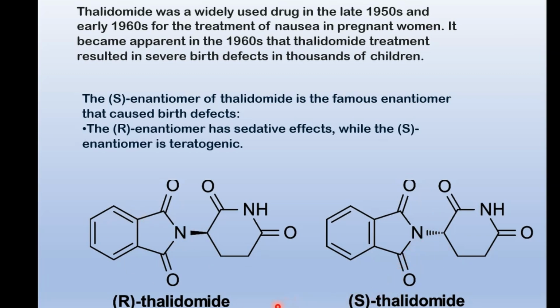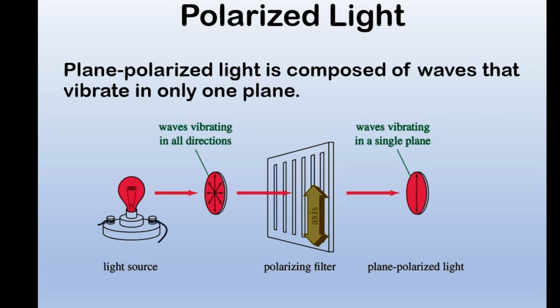A chiral carbon has 4 different groups. It is right there. There's your chiral carbon, there's your asymmetric carbon. I don't want to mix that all up. Asymmetric and chiral mean the same thing. So this relieves nausea in pregnant women and has a nice sedative effect. This causes birth defects.